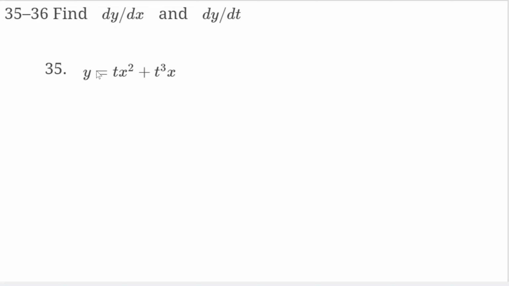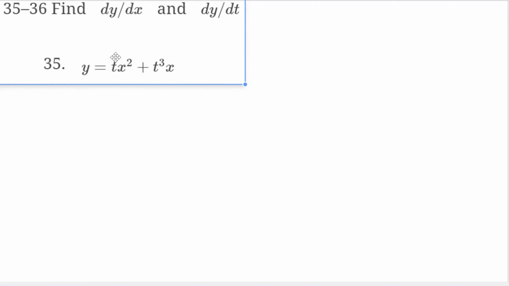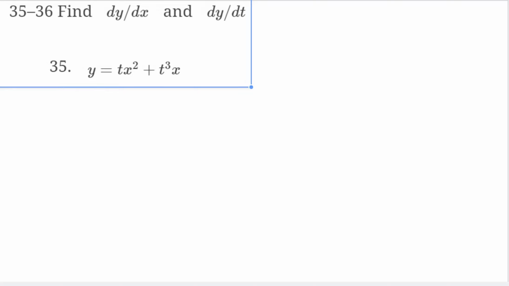Okay. So here, this is where notation matters. So we've got dy dx. So this is the derivative of y in terms of x. Okay, so we've got t's and x's in this problem.